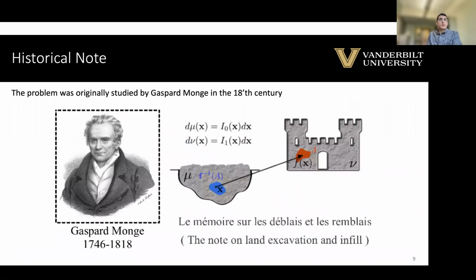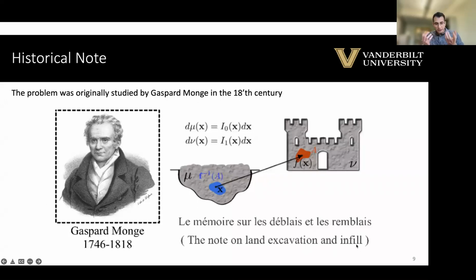So a little bit of a historical note. The problem was originally studied by Gaspard Monge in the 18th century. Monge was working with Napoleon at the time and was interested in the most efficient way of transporting dirt from one location to another location. I believe it was, as you can see from the title, the note on land excavation and infill.